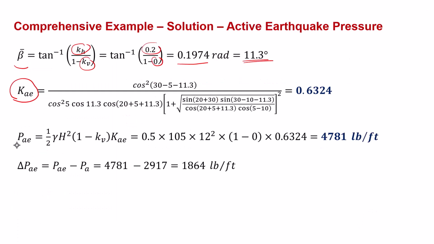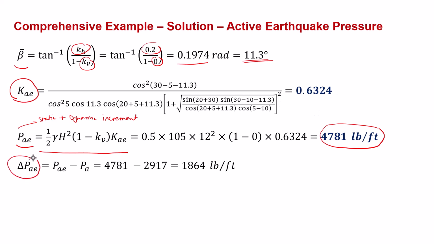and PAE, which is static plus dynamic increment load, will be found using this formula. So this is the total force, which includes static component and incremental dynamic force. The incremental dynamic force delta PAE will be found as PAE minus PA.